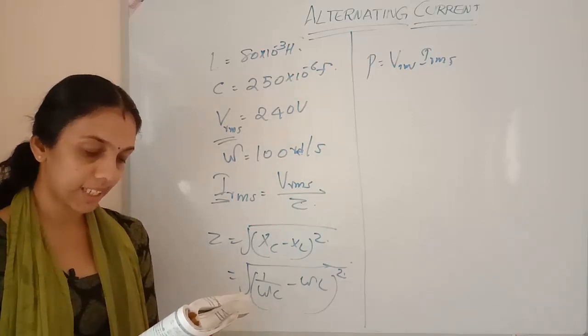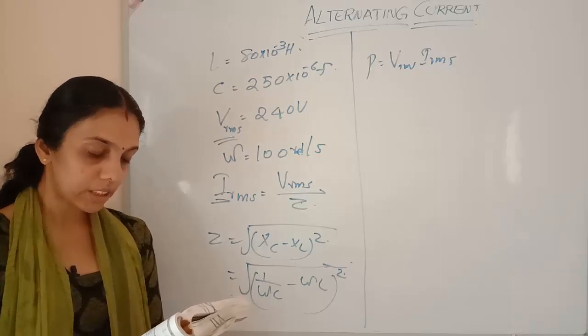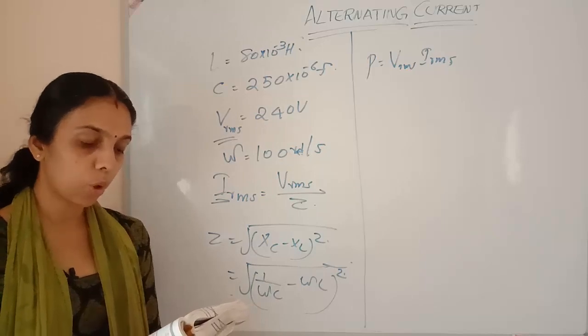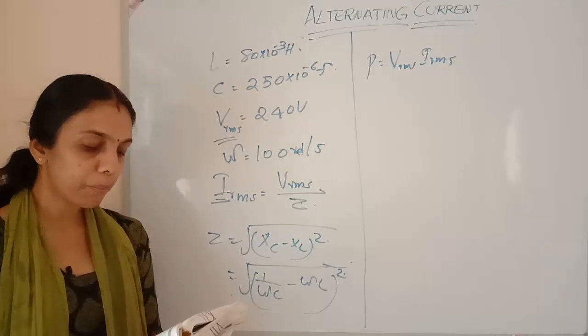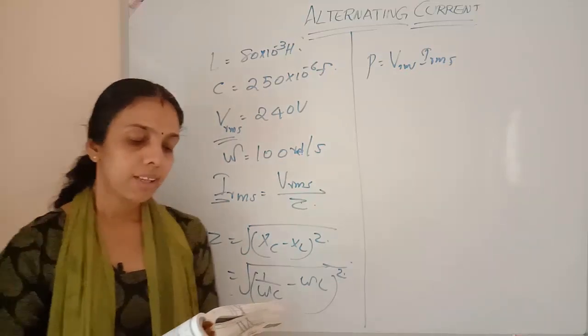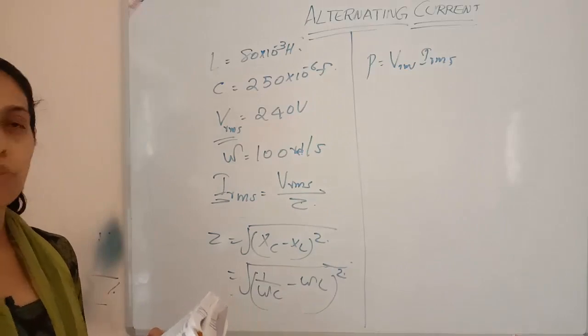So next we will do one question from the transformer. How much current is drawn by the primary coil of a transformer which steps down 220 volt to 22 volt to operate a device with an impedance of 220 ohm?